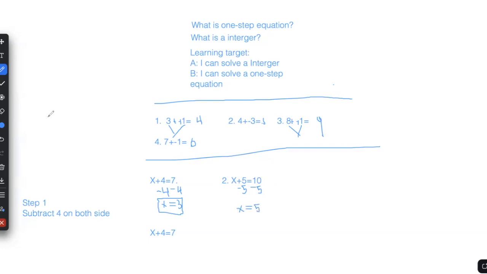And now we can get started with our steps. You're not required to do steps, but I recommend doing that. Now, step one, subtract 5 on both sides.